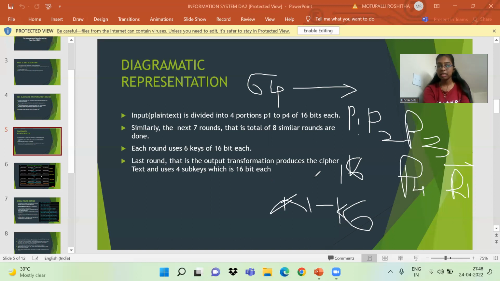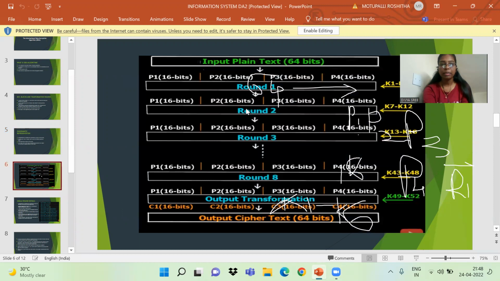Let us discuss what those 2 subkeys will be doing further. This is the diagrammatic representation.